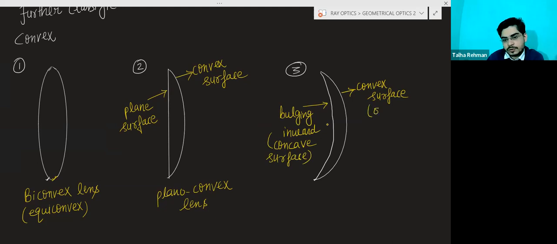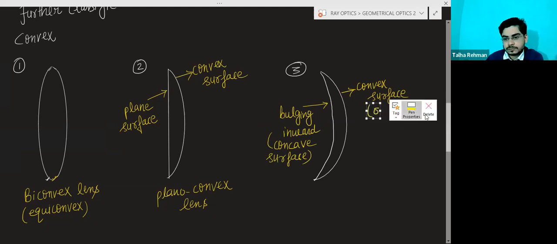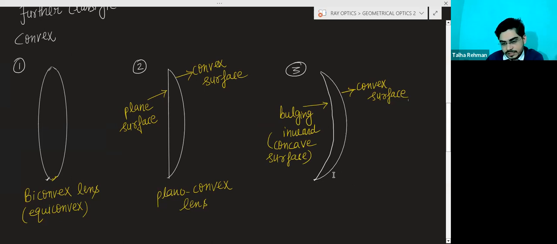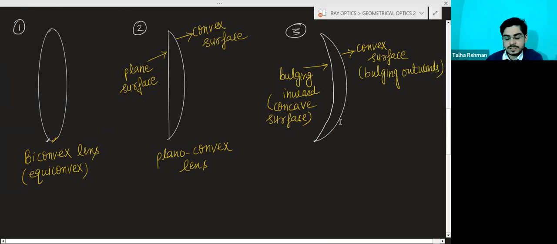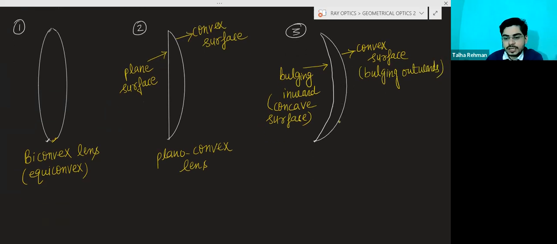This surface is convex, bulging outward. This surface is concave, bulging inward. So this type of lens is known as the concavo-convex lens.